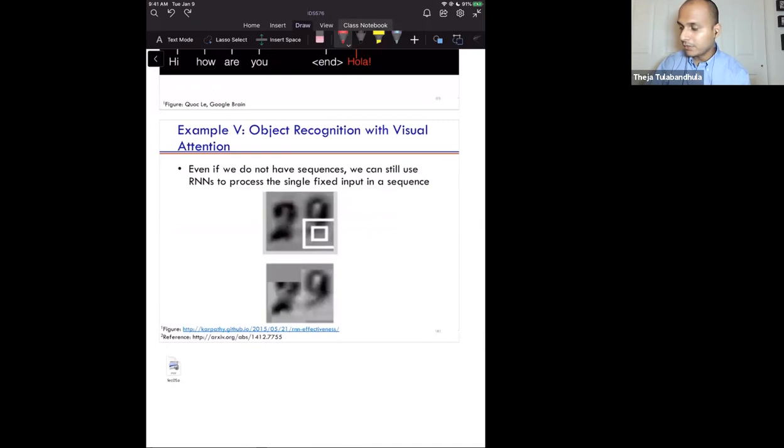You can do visual attention as well, where you can figure out by trying to localize an object. Here you're trying to do object recognition, so you can focus on different regions while trying to produce your output.